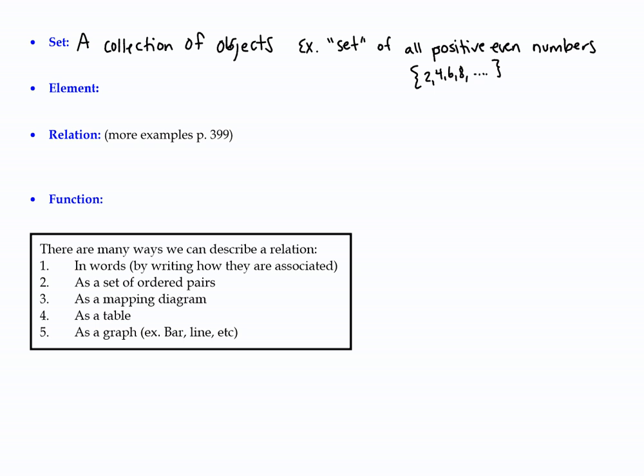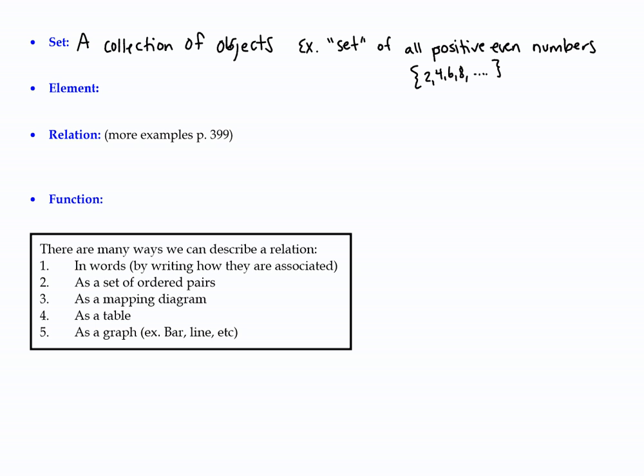Okay, that's an example of the set. Those are set brackets. They're squiggly. They look like this. Students have a hard time writing set brackets. Do your best, okay? Do your best.